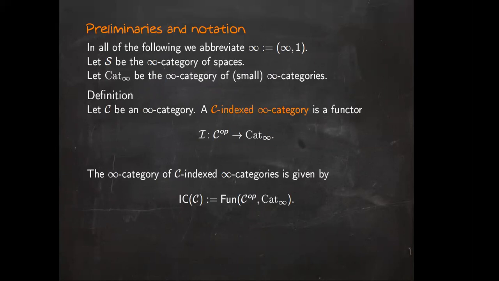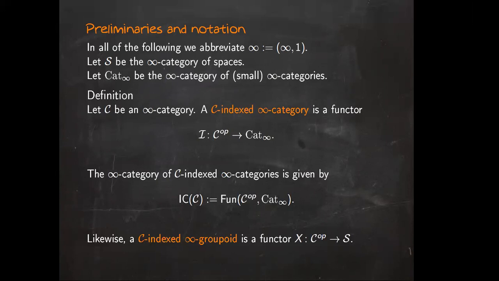We can collect all these things together to form the infinity category of C-indexed infinity categories. This is by definition an infinity one category. It would be more natural for structural reasons to define it as an infinity two category, but this will not play any role in anything we do today. So this will just be considered as an infinity one category.